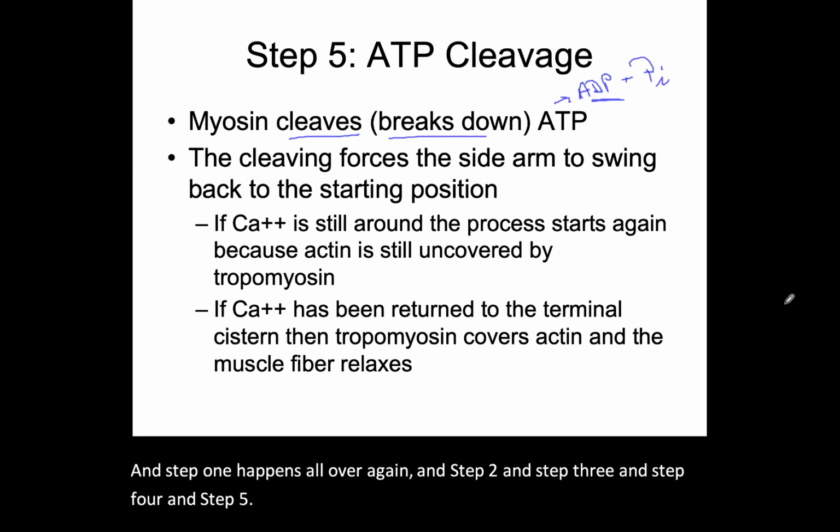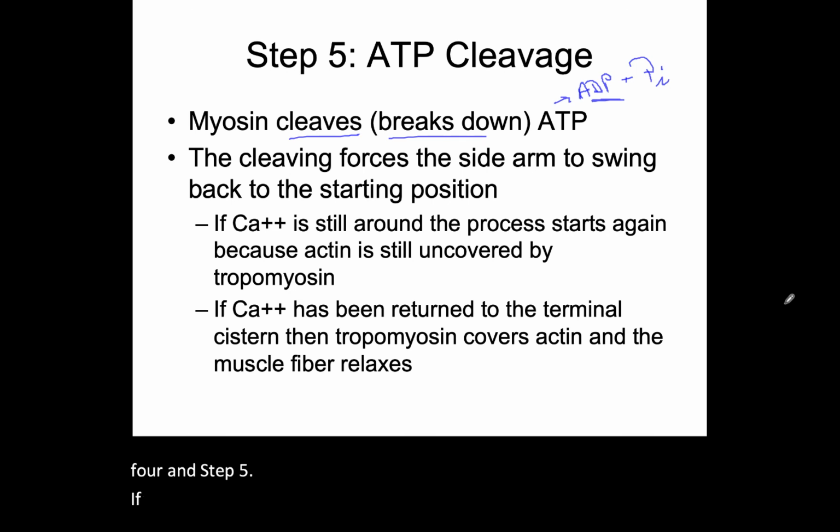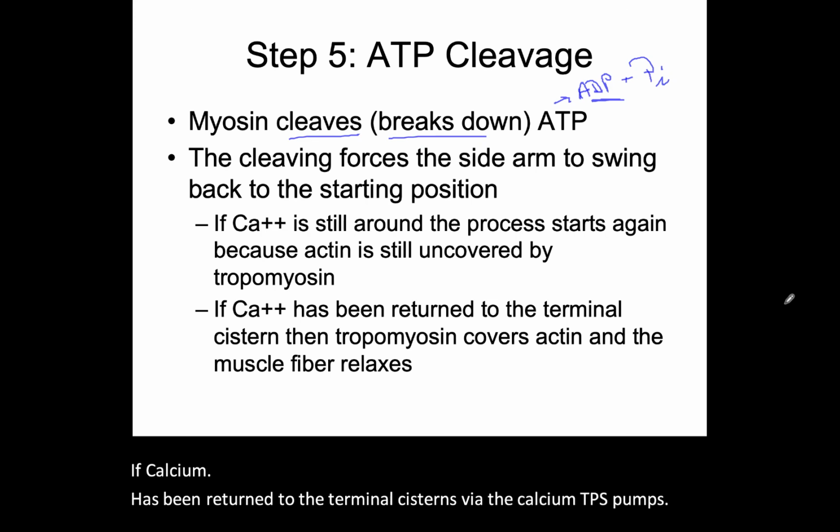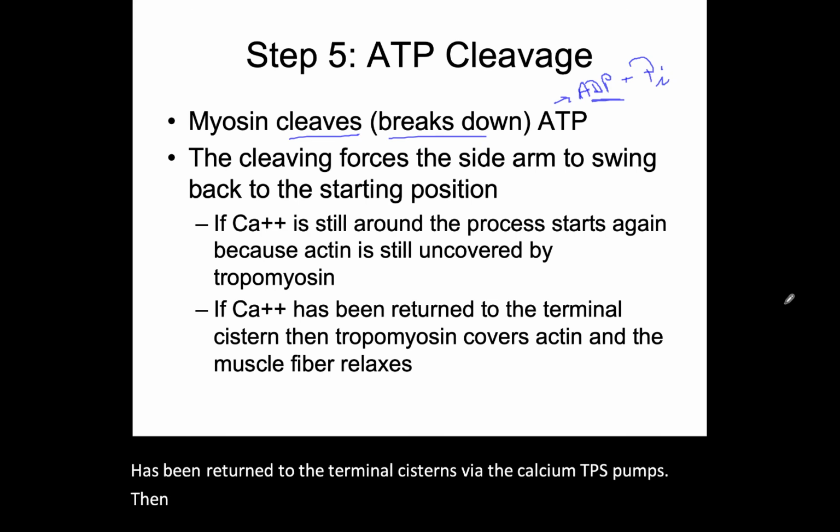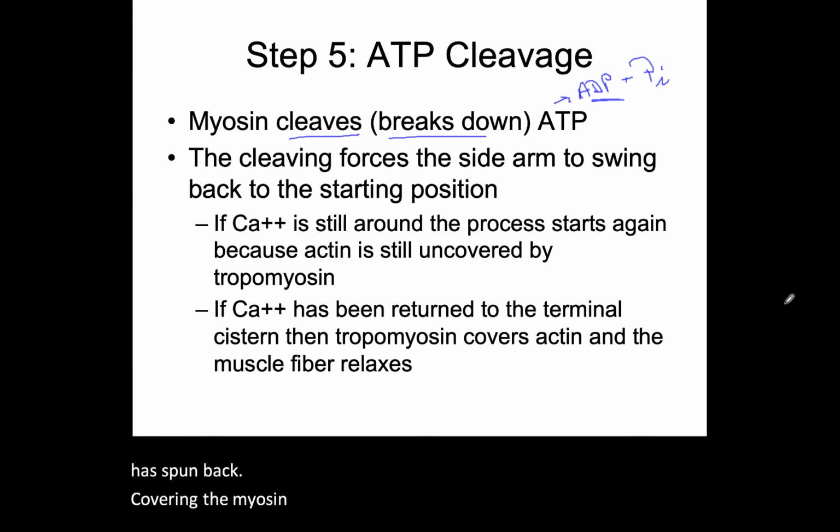If calcium has been returned to the terminal cisterns via the calcium ATPase pumps, then there is no calcium bound to troponin, which means tropomyosin has spun back, covering the myosin binding sites on actin.